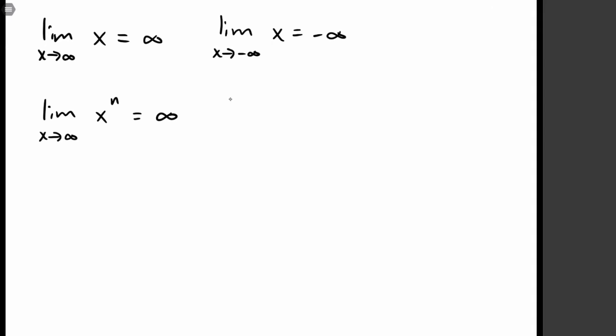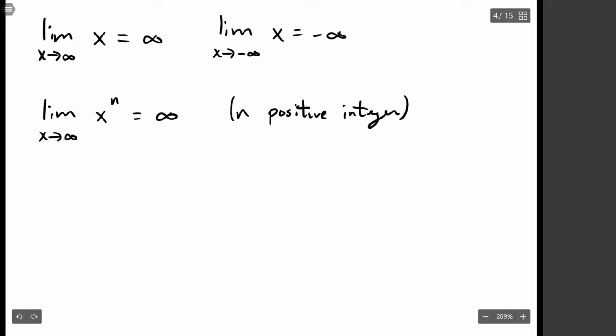Here I want to specify that n is a positive integer. So these are things like 1, 2, 3, 4, 5, and so on. Right? Now, on the other hand, what if we look at the limit as x goes to negative infinity for that same thing? Okay, so n is a positive integer again.